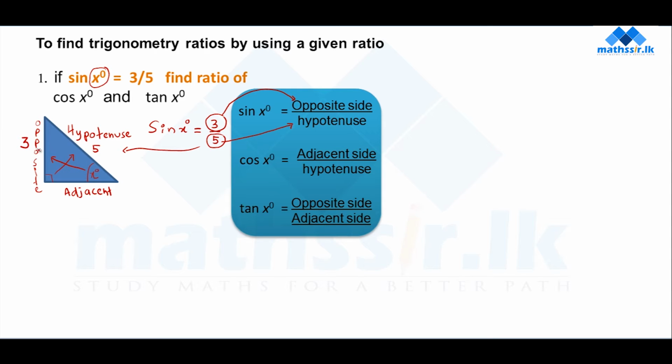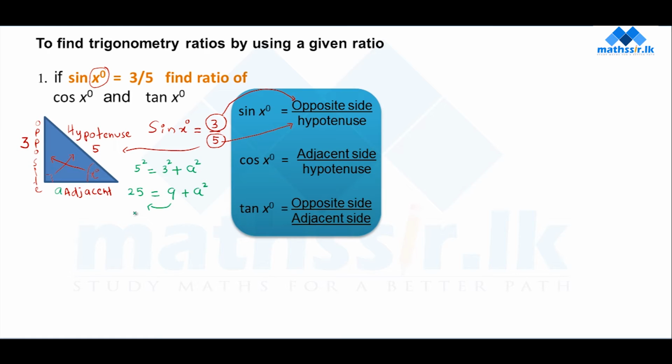You know that if you know 2 sides of the right angle triangle, how to get the other side? Using Pythagoras theorem, adjacent side labeled as A. 5 squared equals 3 squared plus A squared. 5 squared value 25, 3 squared 9 plus A squared.